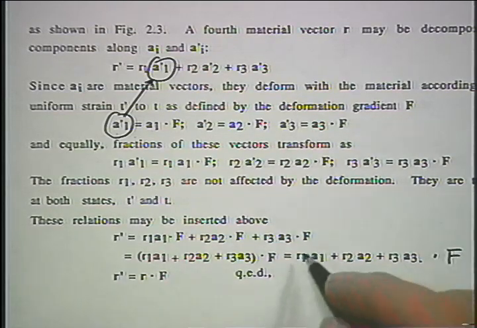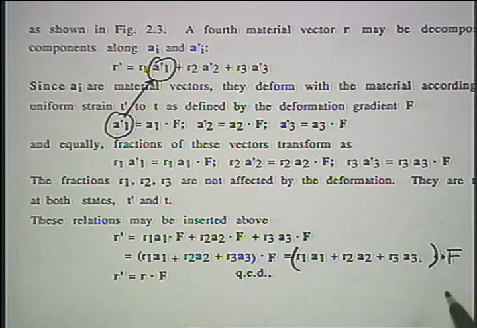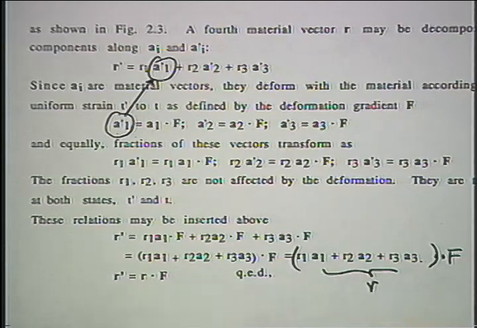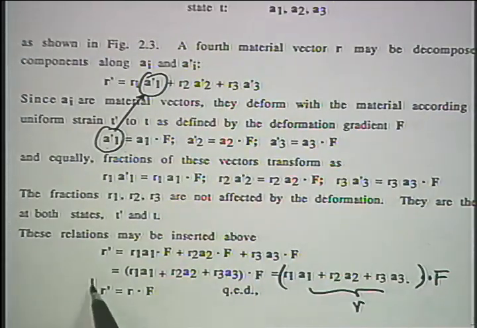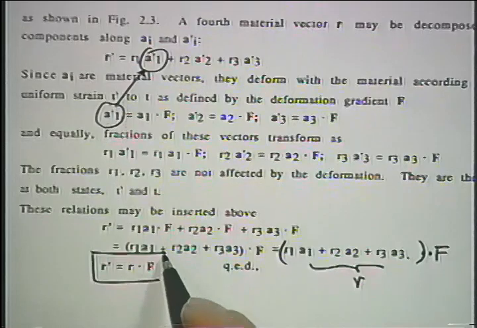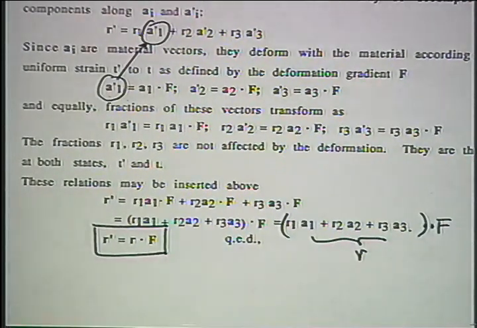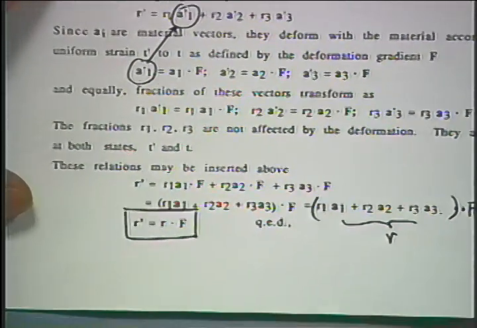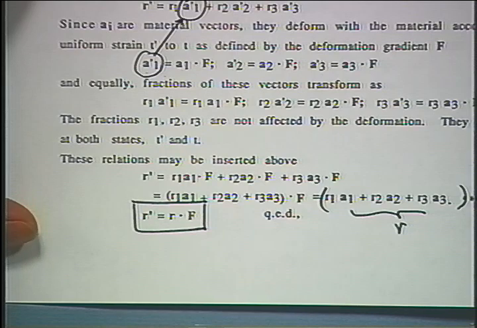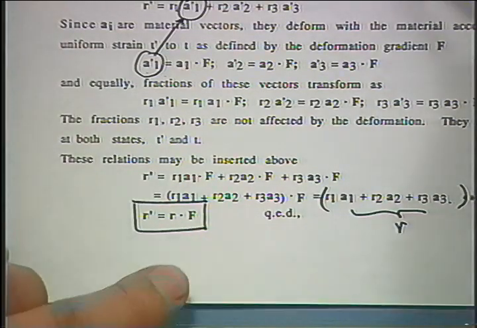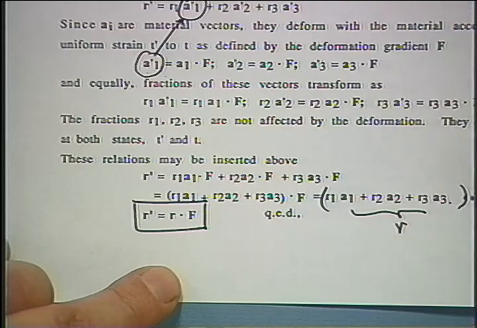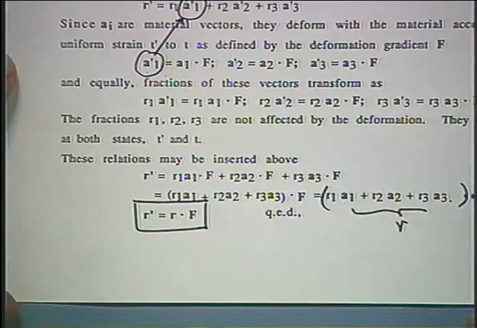This is times F, and this is really equal to R. So R prime is equal to R times F. Or in other words, we can show that we don't need any more information. The information was complete, the information we had before, by just defining those three vectors, A1, A2, A3.